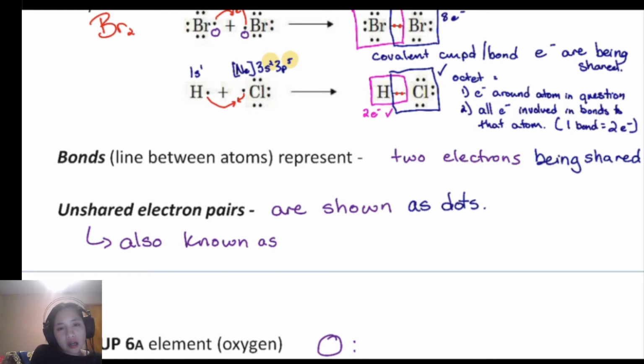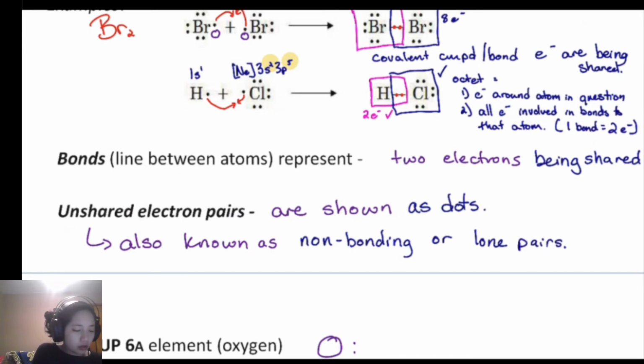Sometimes I might call them non-bonding pairs. I call them non-bonding because they don't participate in bonding, because they're already paired. Or sometimes I might call them lone pairs. So all these things mean the same thing: unshared electron pairs, non-bonding electrons, or lone pairs. Those are the ones indicated by dots.